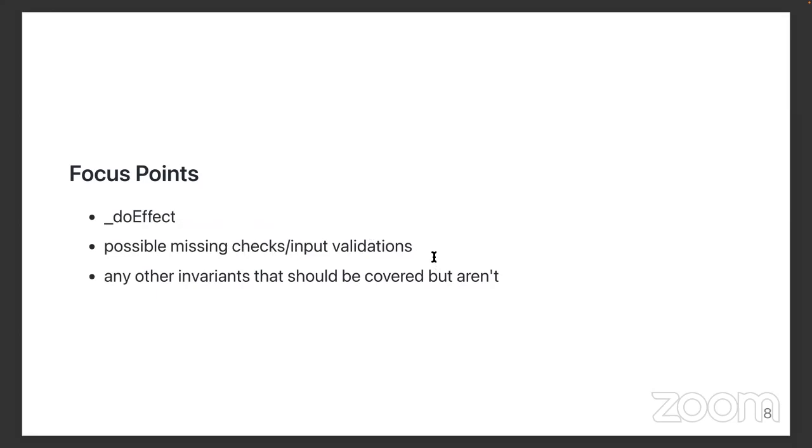And then in both contracts to see if there's any missing checks or input validations, and any other invariants that should be covered but aren't. So this will probably come more naturally after we look at the different functions and what they're supposed to do.